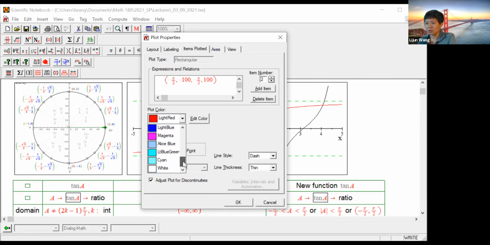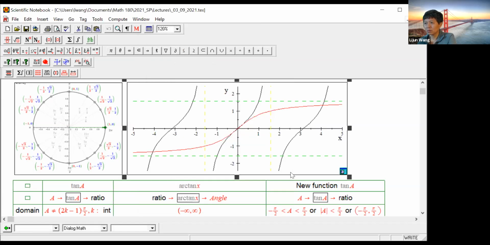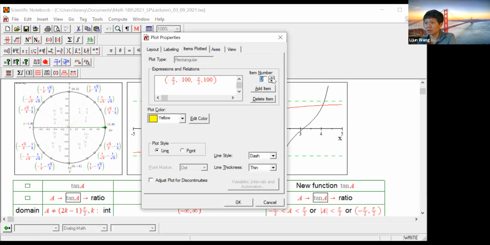I'm going to make it yellow. Okay, for tangent, I use yellow. And for the green, I'm going to turn them red.